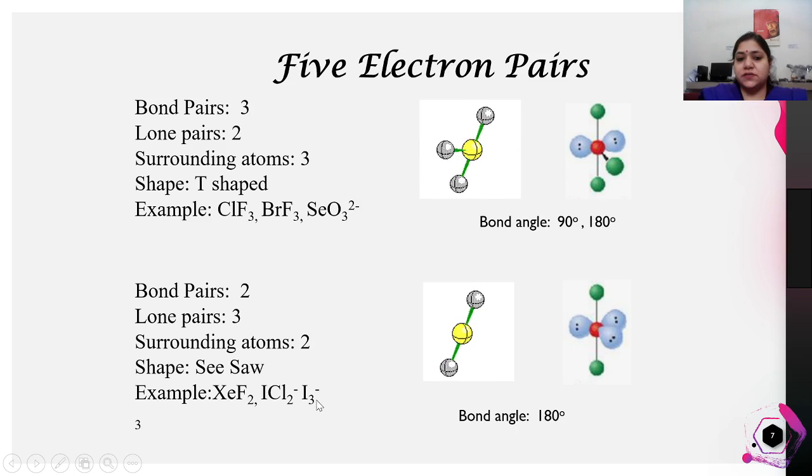Again, if there are 3 lone pairs and 2 bond pairs, in that case it has a linear shape. Although it is written here as seesaw, it is wrong.